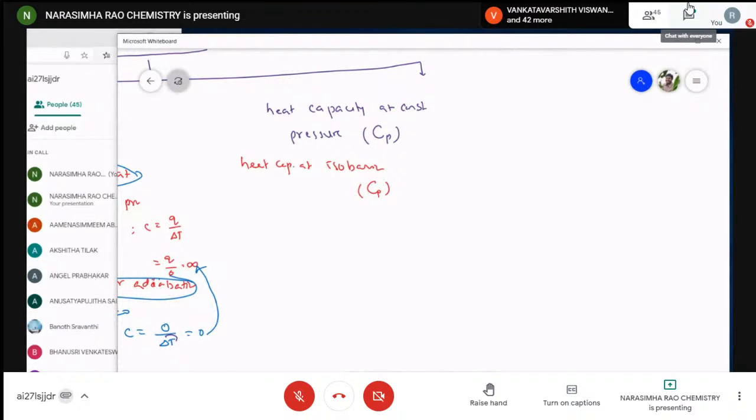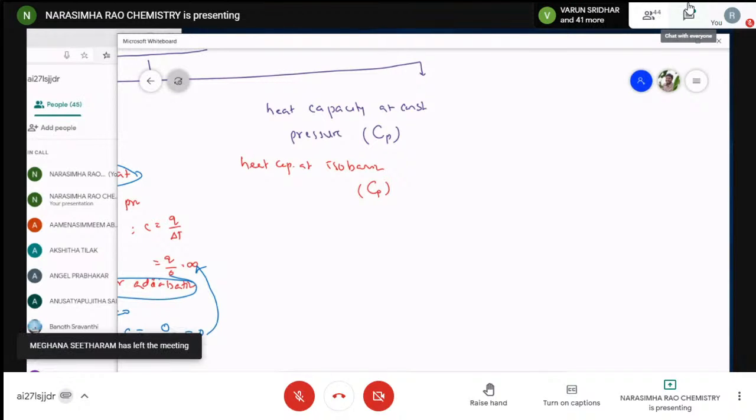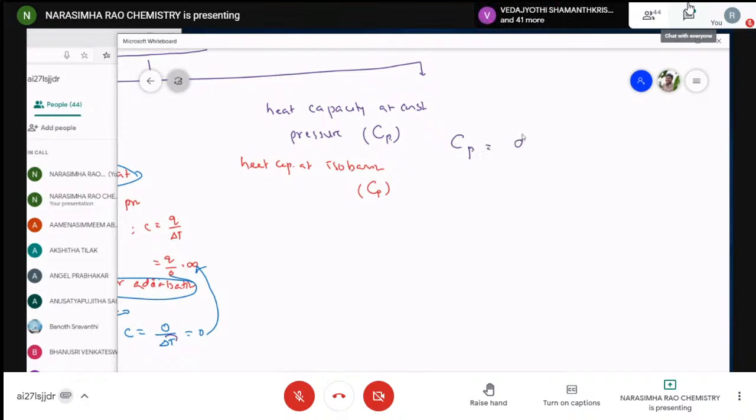Going directly to heat capacity at constant pressure, you could also do it from work done, but we don't need that; it is a time-wasting process. So already we know that at constant pressure, a little bit of heat is absorbed, divided by the change in temperature, dq by dT at constant P. Next, write like this, children.